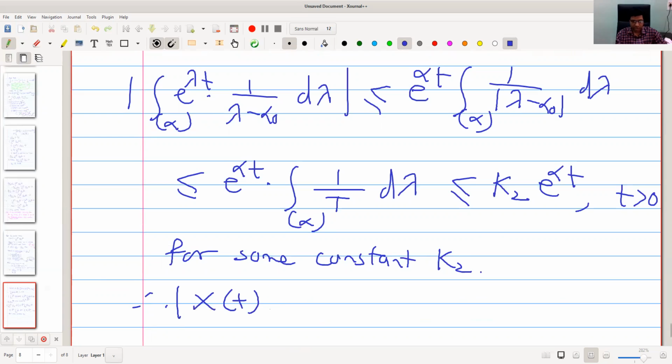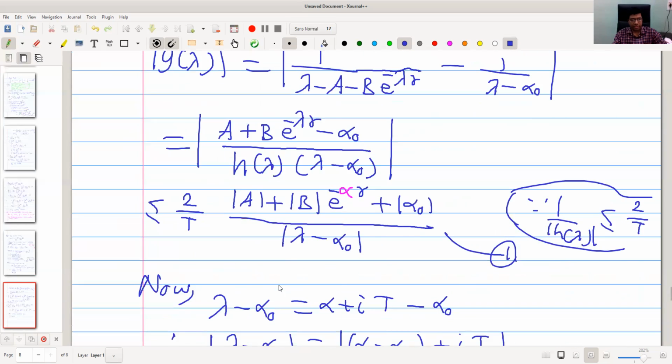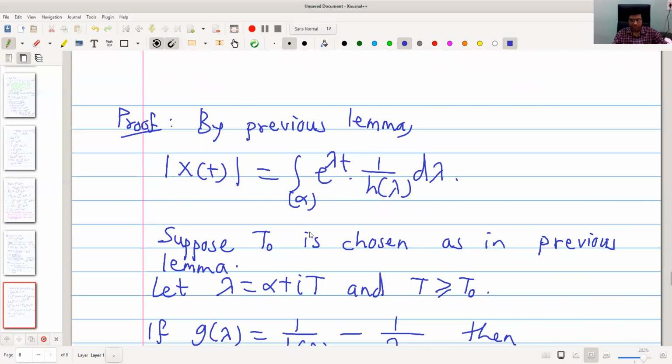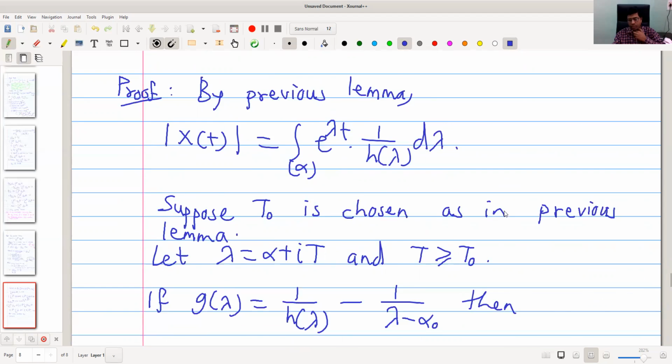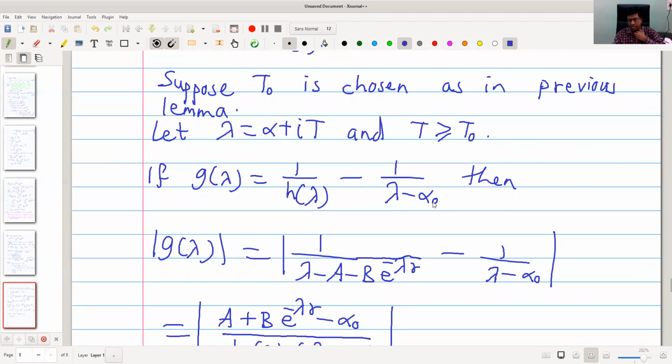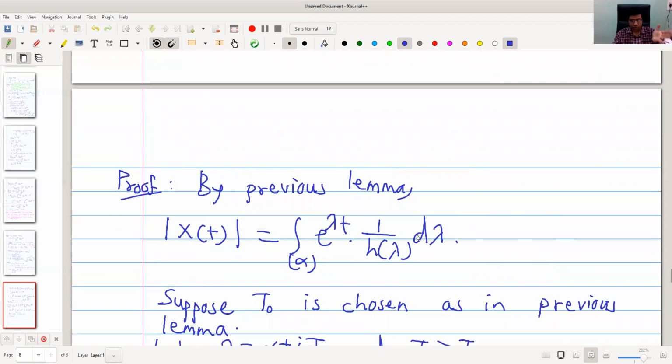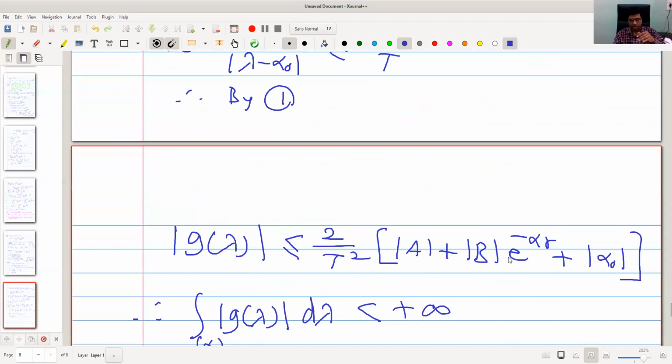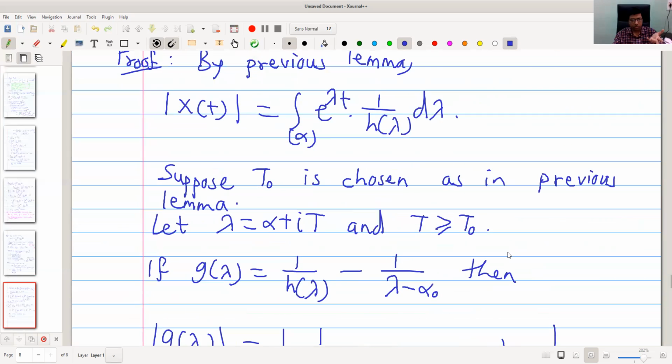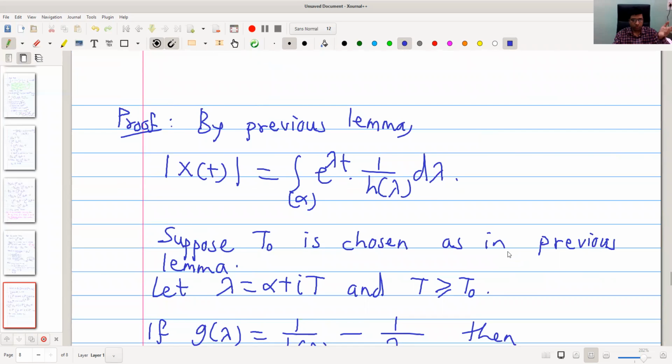Therefore, mod of x of t is this one, integral e raised to lambda t into 1 upon h of lambda. We rewrite this as e raised to lambda t into 1 upon h of lambda minus 1 upon lambda minus alpha 0 plus 1 upon lambda minus alpha 0. Just a minute, this should not be absolute value, this should be simply x of t.